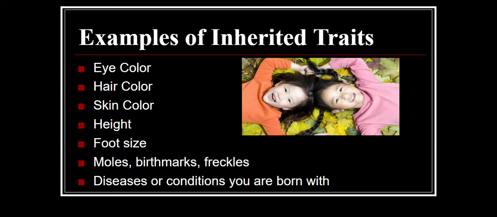Other than eye color, hair color, and skin color, you can get your height from your parents, your foot size, moles, birthmarks, and freckles. A lot of you have pointed out during the year my birthmark that is in my eyebrow. Some kids think that it's something that happened to me, like, oh, what did you do, Miss Lishia?